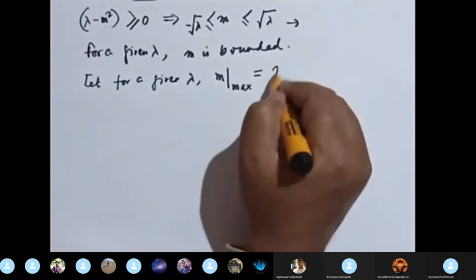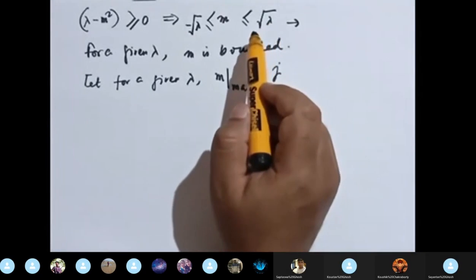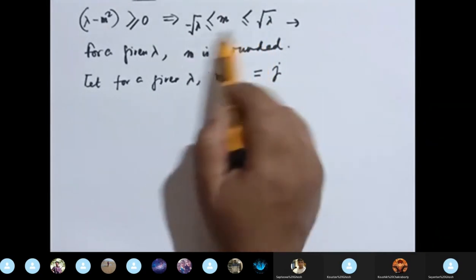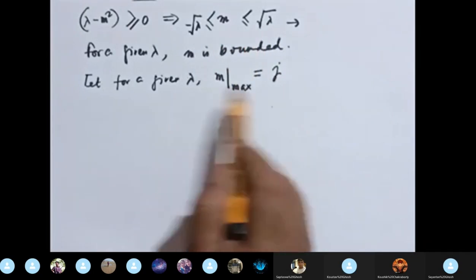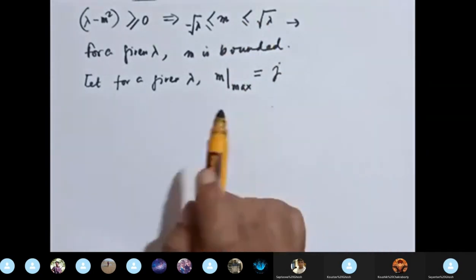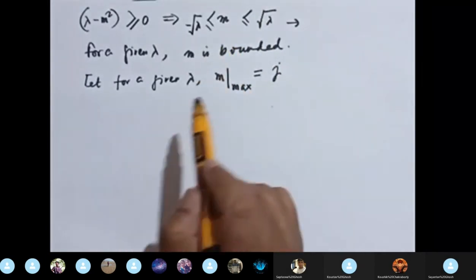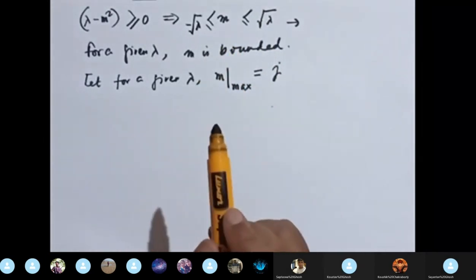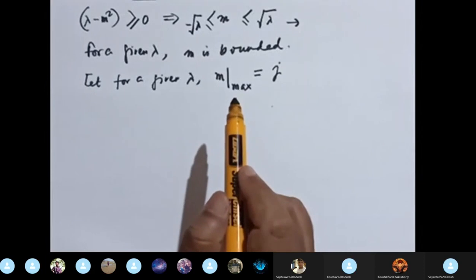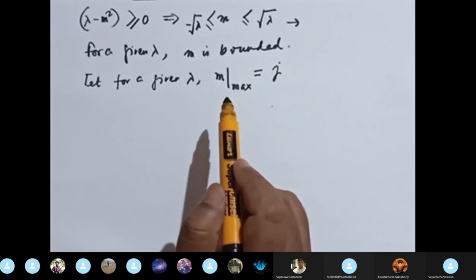Let us call it j. It need not be root lambda. Maybe it is bounded between these two, or maybe it is root lambda. I don't care. But it has some maximum value because it is bounded. And I call this maximum value j. Clear?